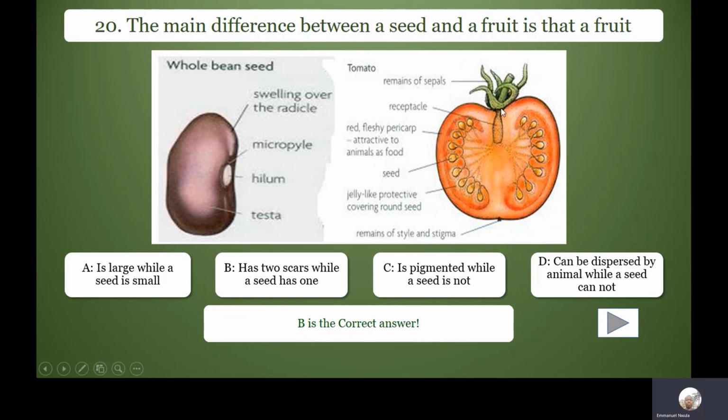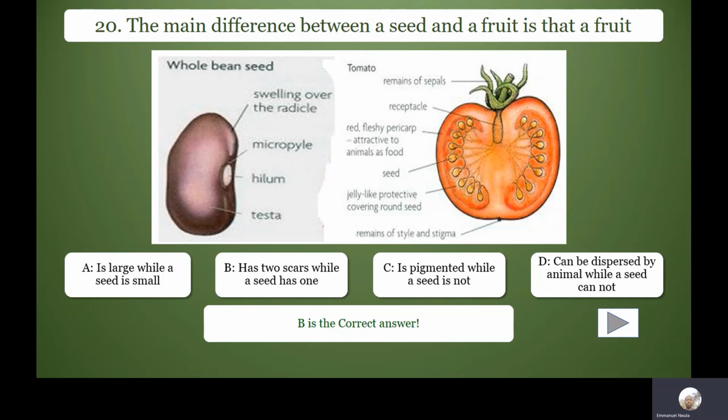So you have two scars on a fruit, but you have only one in a seed, where the seed attaches to the fruit. Of course, in the ovary of a flower, you have ovules, and it is the ovule that forms the seed.